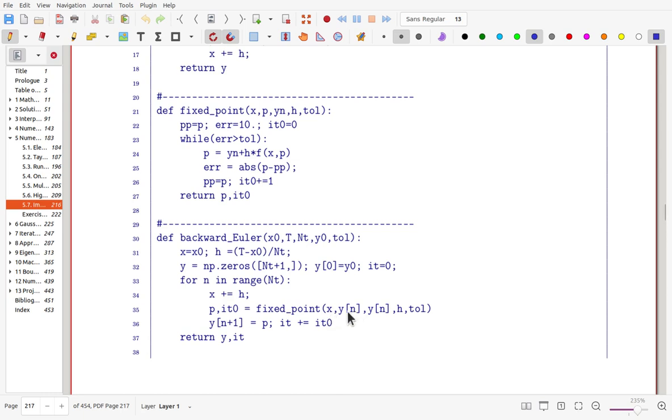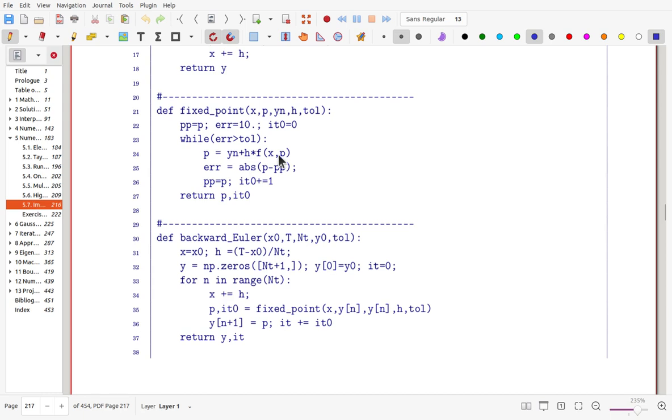In this fixed point iteration, the second yn is used for the formula, and the first yn is used for the initialization of yn plus 1, and then the fixed point iteration is performed.